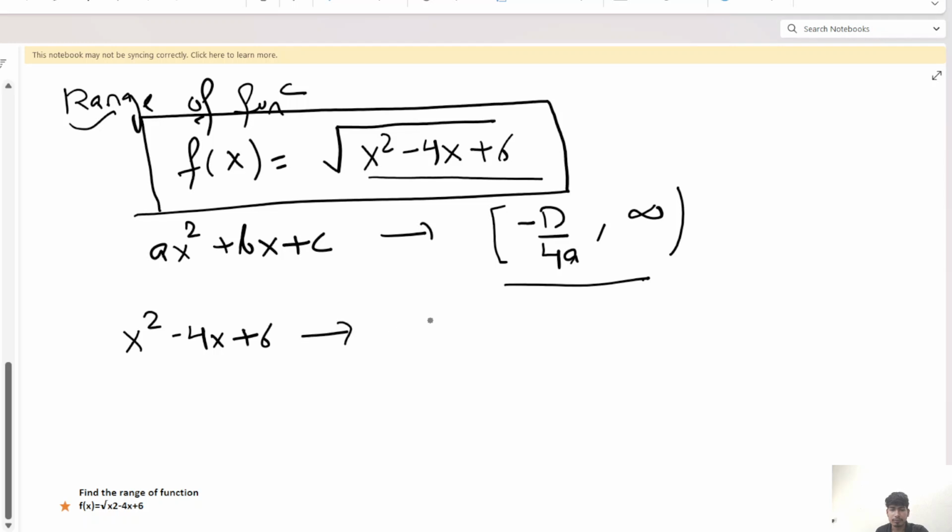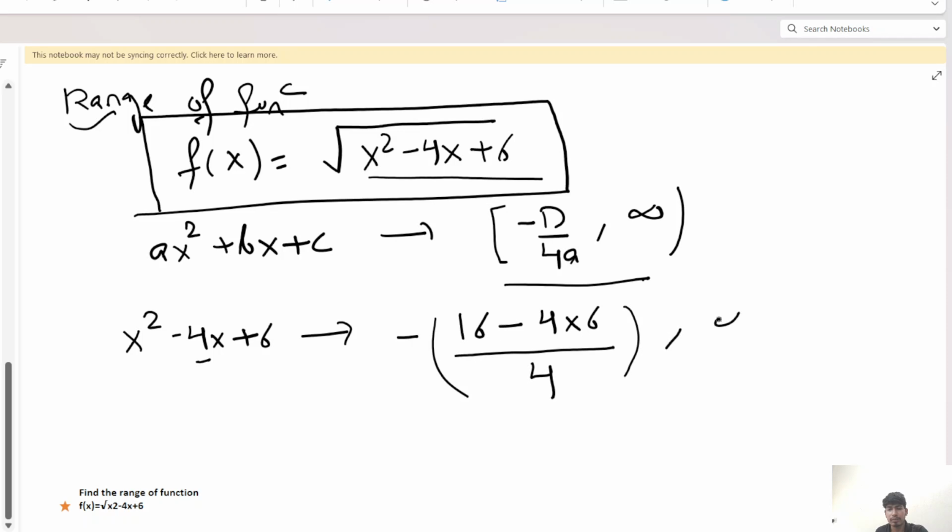What is our D? b square minus 4ac, where b is 4, and 4 into 6, divided by 4, to infinity. This end is closed and this is open. That is 2 to infinity.